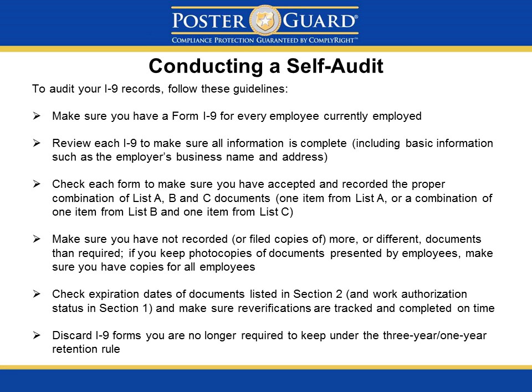So if you're doing a self-audit and you find that you're missing an I-9 form for someone, go get it completed. Get the employee the Section 1 and go ahead and get the documentation, review it, and complete that form, even if it's an existing employee that you've known for years. If you discover in your audit that someone's working without the proper documentation, whether it's missing from the form or it's expired, go immediately ask the employee to provide the documentation.